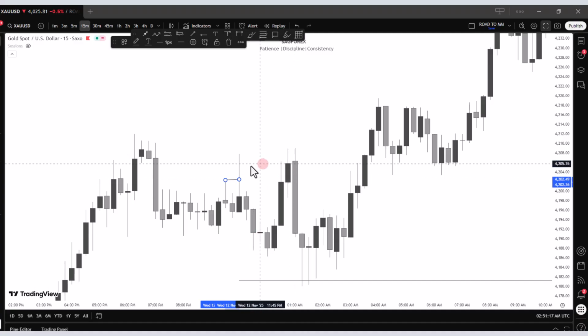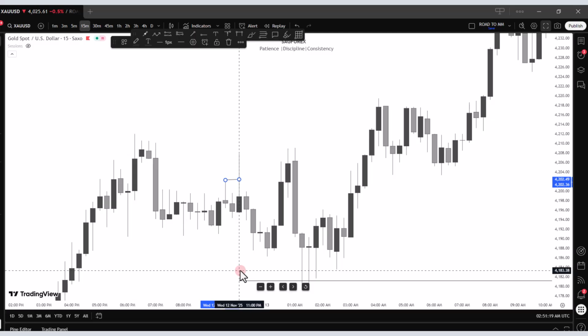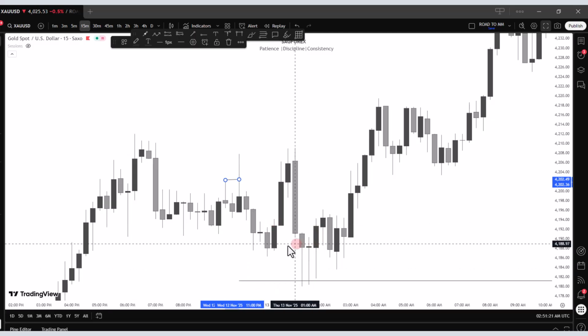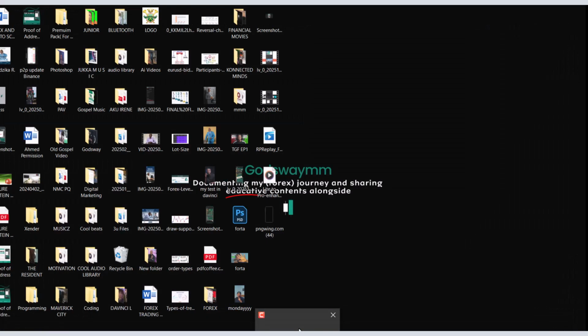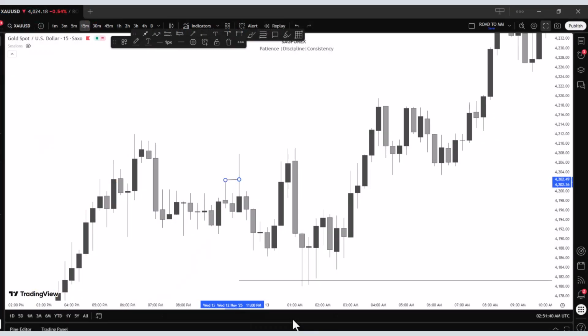Why? Because it happened with the wick of the candle, so that cannot be qualified as a break of structure. Note, a break of structure happens when price takes out a swing high or swing low in the market. That's why I have to show you a swing high and a swing low first before we go ahead with other things. So this is not a valid break of structure.